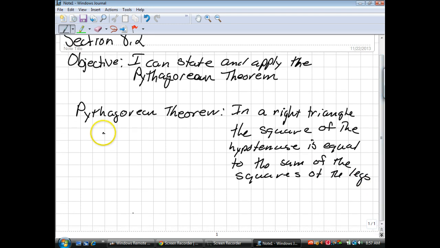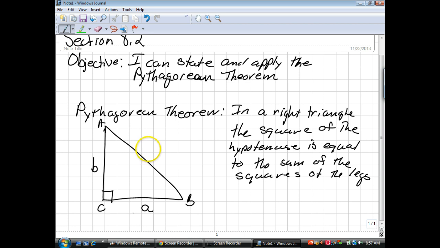Okay, so if I have this right triangle where this is A, this is B, this is C, and C is my right angle, then the side opposite A we'll call length A, the side opposite angle B we'll call length B, and the side opposite angle C, which is the hypotenuse, we'll call length C. And so as long as we know we have a right triangle, then we know for sure that A squared plus B squared equals C squared.